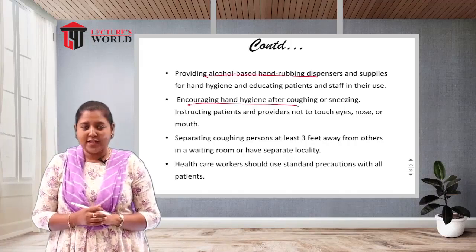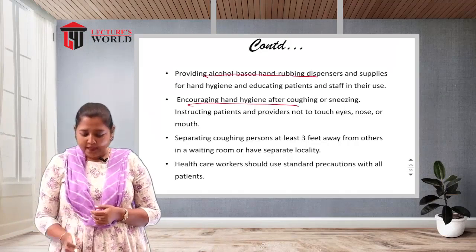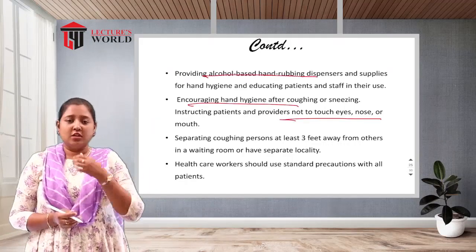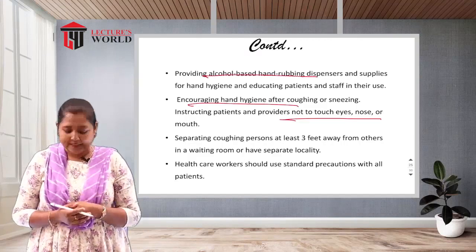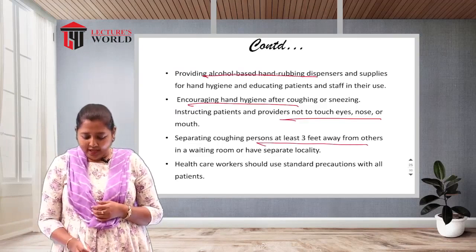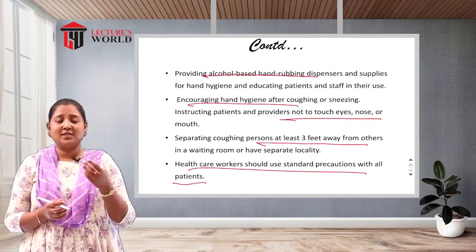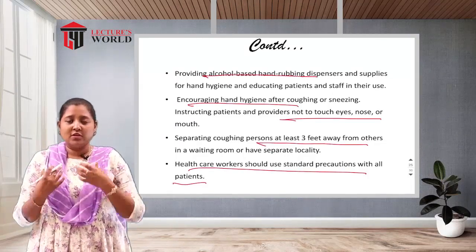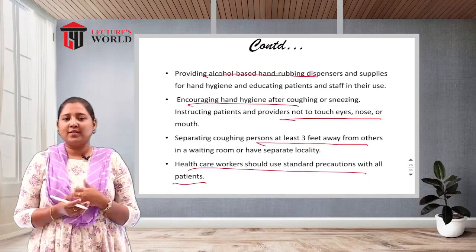Hand hygiene has to be encouraged after every cough and sneeze, and they should not touch the nose, mouth, ears or eyes afterwards. Keep a three feet distance. And health workers must use all standard precautionary methods like gloves, gowns, masks and caps to prevent themselves from respiratory disorders.